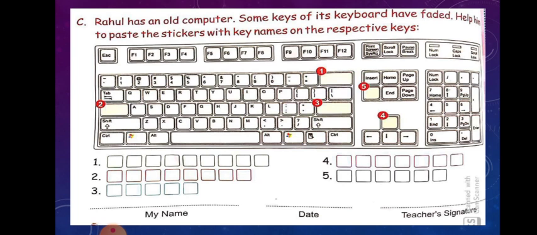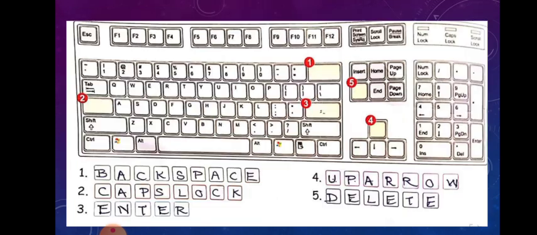Up arrow. U-P, up, A-R-R-O-W. On the key, up arrow, an arrow showing upward direction, you will paste that sticker. Okay. Fifth one is delete key. D-E-L-E-T-E. For that, you have to paste D-E-L. This one also I have done for you. You can check the answers and mark it properly.